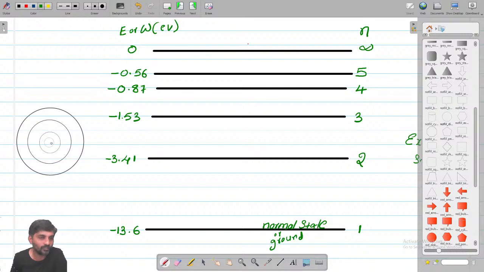Assume this is the nucleus. Now one electron is here. That is the ground state or normal state.